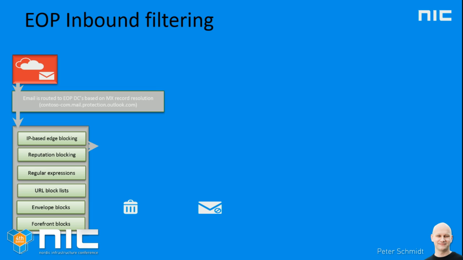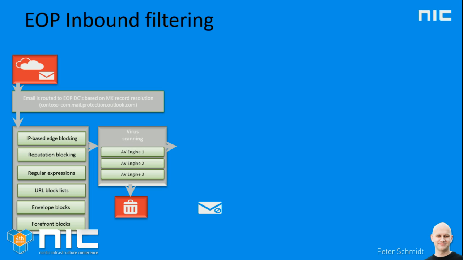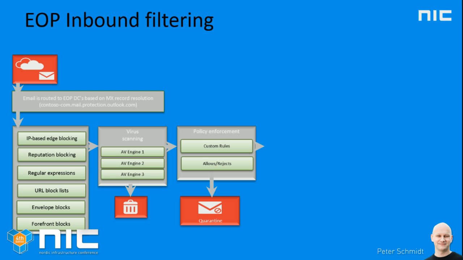What reputation does the source have? Is it part of any blacklist or anything? At that point, it will be rejected. Next step will be the virus scanning. It will be virus scanning as we know it. If there are any viruses, they will be stripped off and the mail will continue.